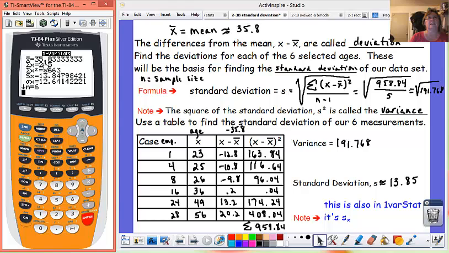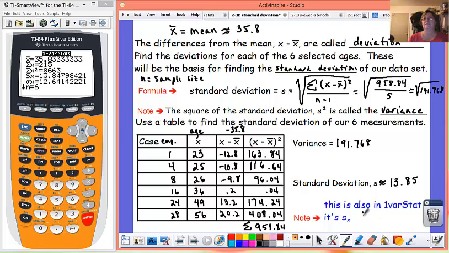Cha-ching! There's the average. We got that right. Standard deviation 13.85. Hey, you guys, this is good news for us. If we've done it by table once, now we can do it by calc.